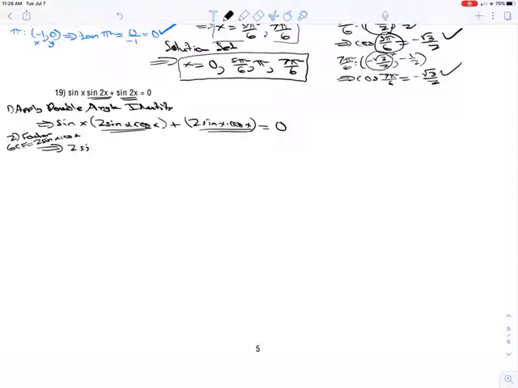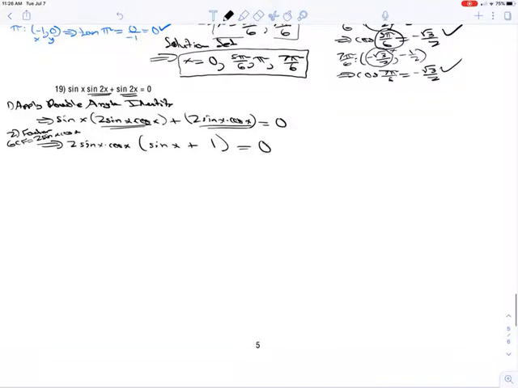So we bring out 2 sine x cosine x. We're left with a sine x in our first term, and we're left with 1 in the second term. We're bringing out all of it. And then we're ready to apply the zero factor property. At this point we do have a coefficient of 2, and we can divide that 2 out. But this is where we go to our zero factor property.